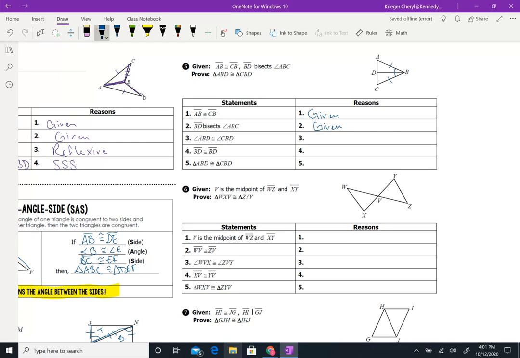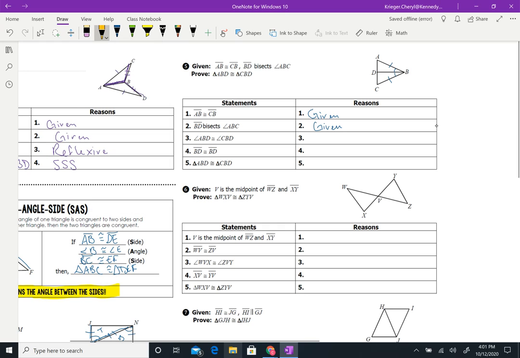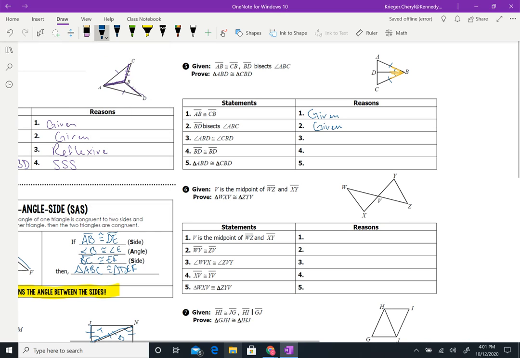So let's check and make sure this is ABD, that's this angle here, is congruent to CBD. Okay, we know that's true because of the angle bisector. So that's the definition of angle bisector.